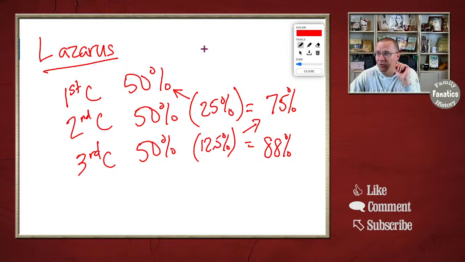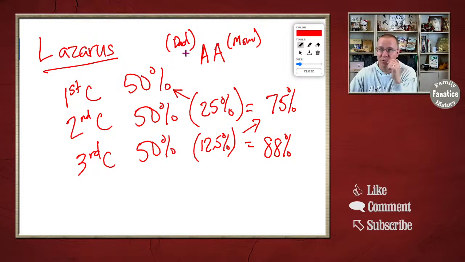Now, if in that location you have an A, well, we know automatically that, hey, one is from your mom and one is from your dad. We know that right away, okay? Well, the problem comes in, what if you have a C?